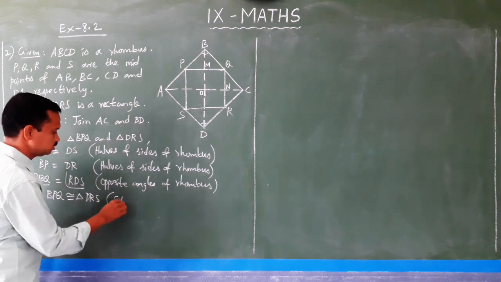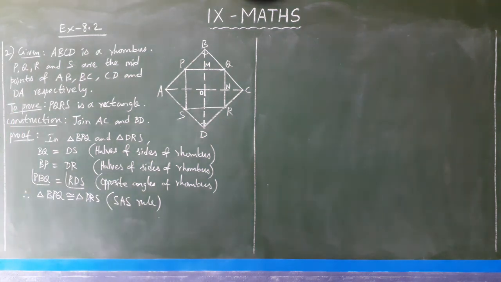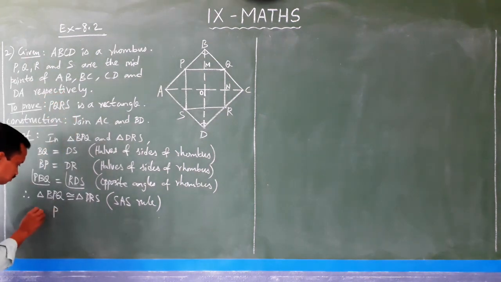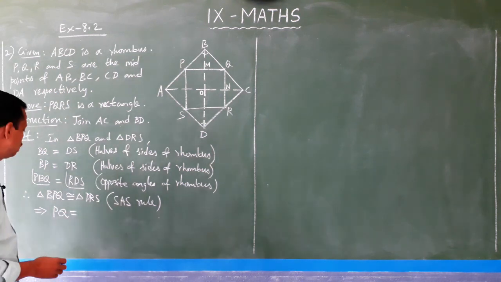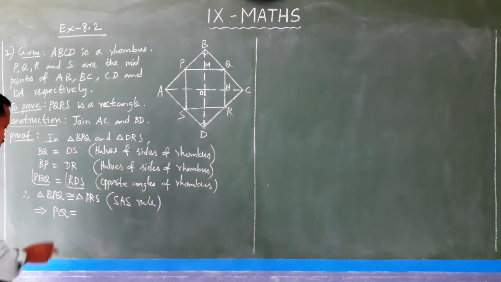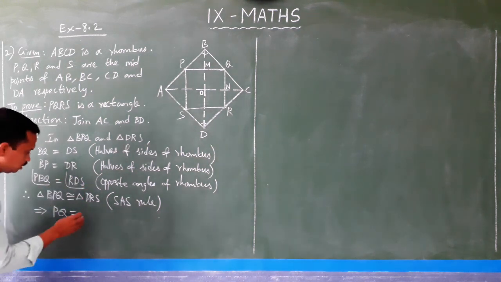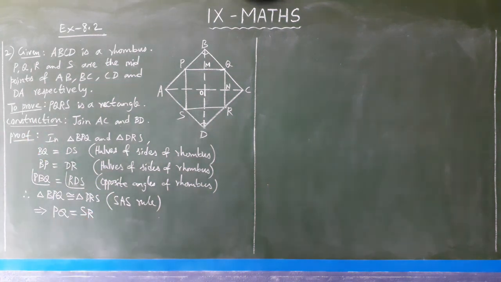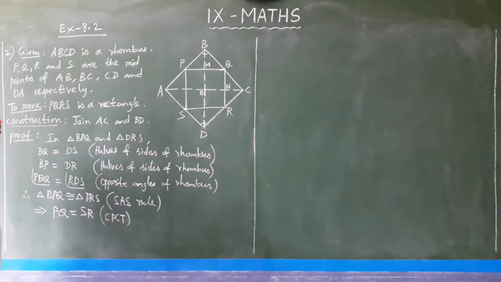The reason: SAS congruence rule, side angle side. So after proving that these two triangles are congruent, we can say PQ equals SR. This implies PQ, one of the sides of triangle BPQ, and SR is the side of DRS. So we can say PQ and SR are equal by CPCT.